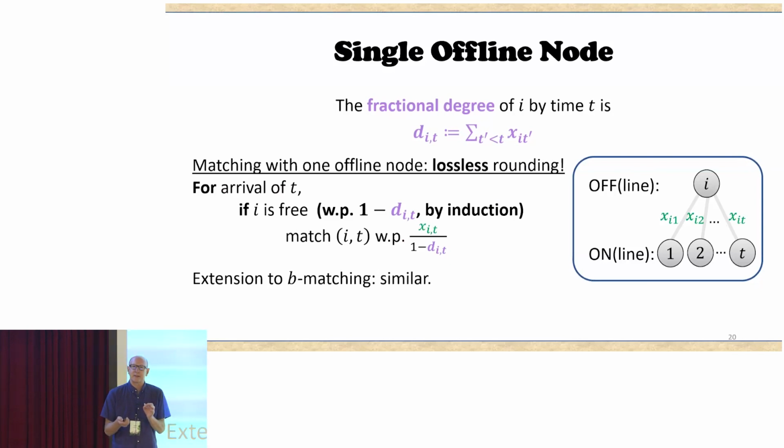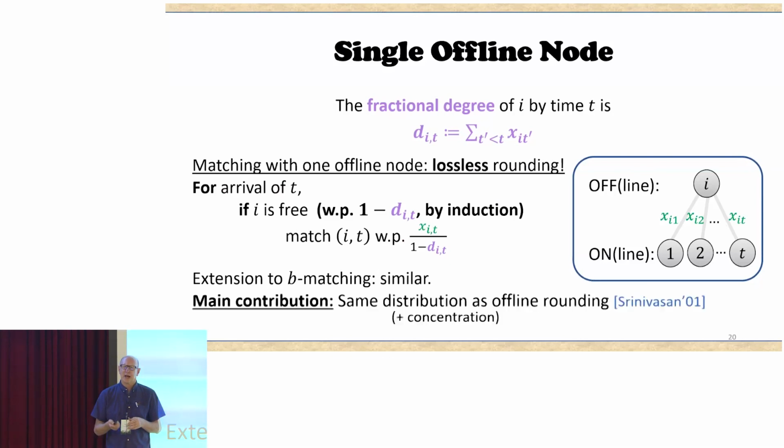This is a bit simplistic because we also have to make sure that the prefix property is maintained. I won't go into the details, but it turns out that the online algorithm that we have has the same distribution as the previously devised offline algorithm by Aravind Srinivasan. We can also get concentration and, of course, the prefix property that I mentioned before.